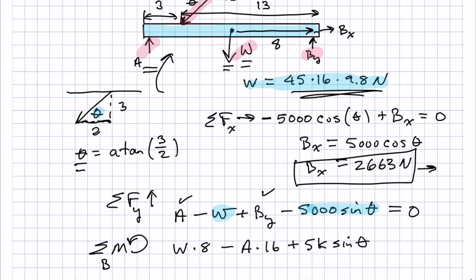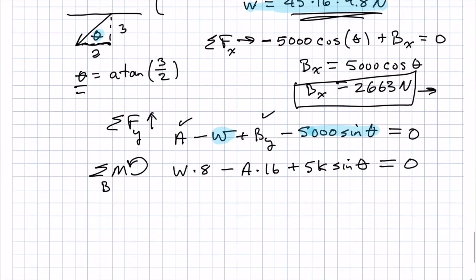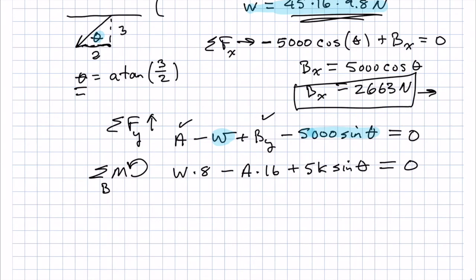The horizontal component does not generate a moment because it acts along the line through B, not perpendicular to the moment arm. All that is equal to 0. What we know is theta, so we know the sine, and we know W, so we can solve for A.